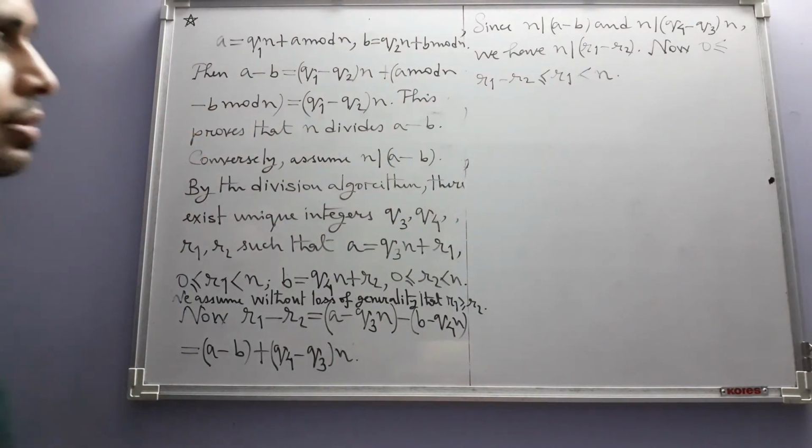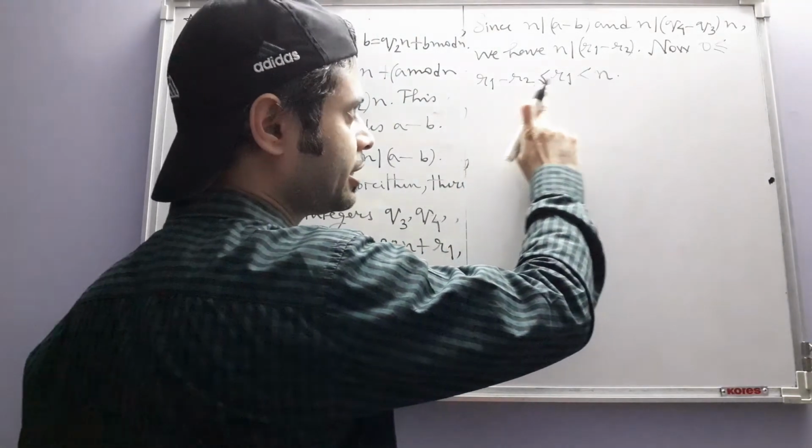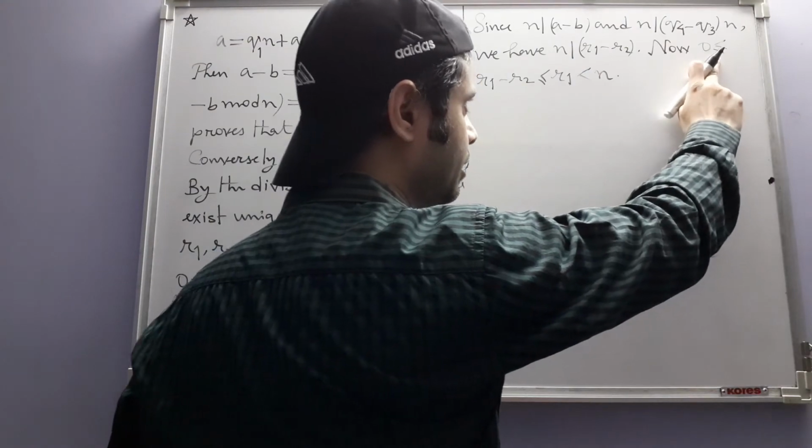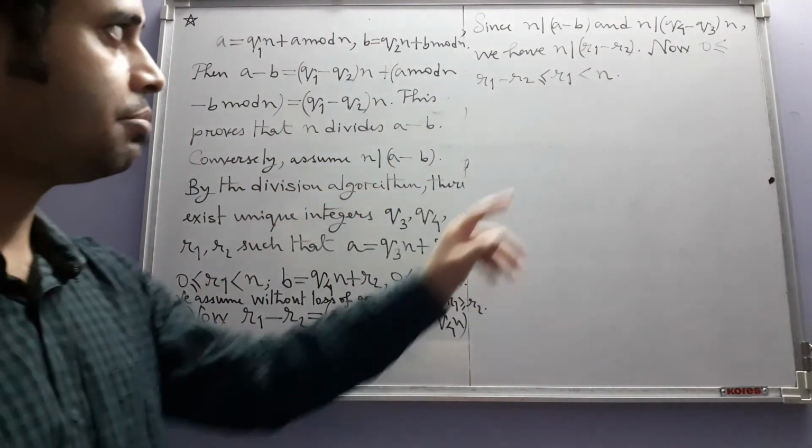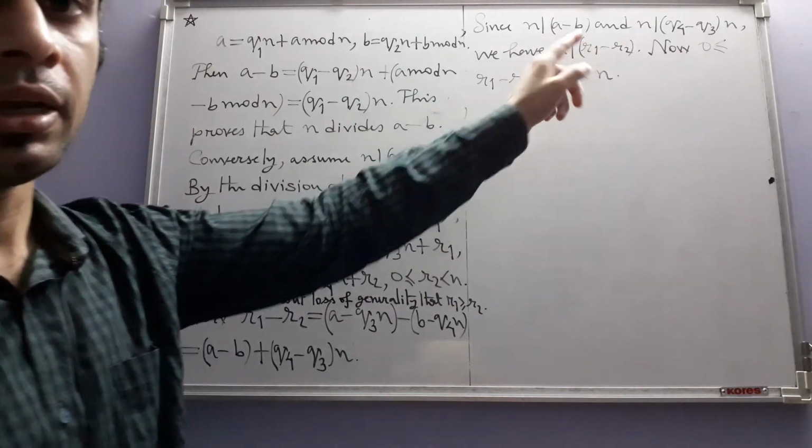So we see that the integer r1 minus r2 is a non-negative integer that is strictly less than n. At the same time, it is divisible by n.